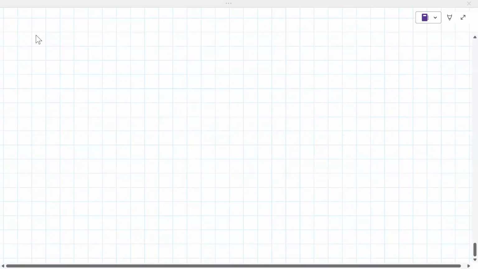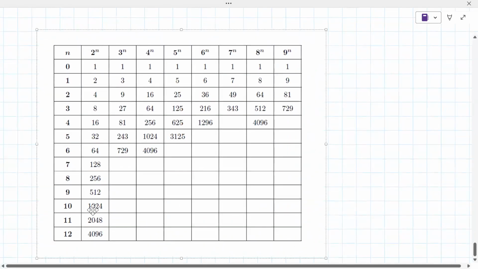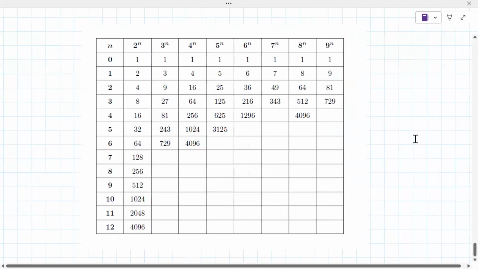Your teacher may disagree. I think you need to know 2 all the way up to the power of 12, 3 all the way up to the power of 6, and so on here. Any of these are fair game to learn. You might argue some of them are right on the edge, but that's kind of up to you.